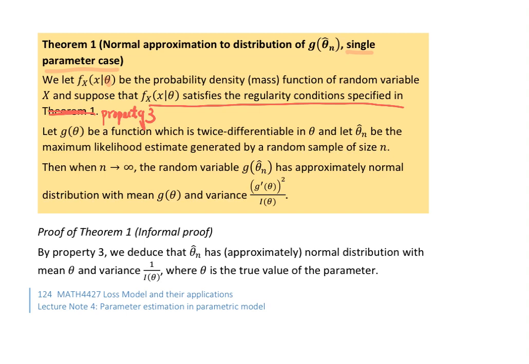This condition just guarantees that your MLE follows the normal distribution. Remember, this is one of the key steps in getting the distribution of a function of the MLE. We need the MLE to be normal, so you need f_S to satisfy the regularity conditions so that the theorem will hold.